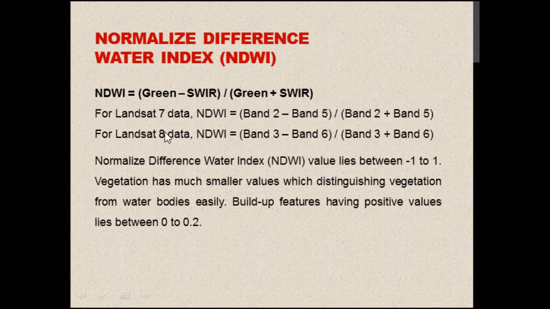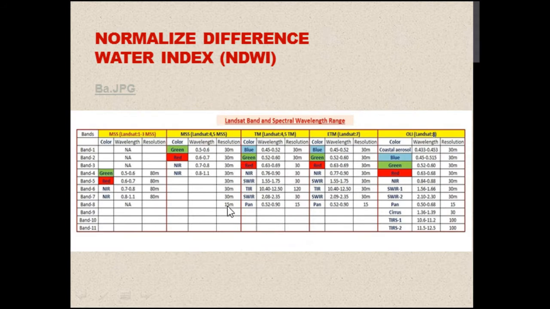For Landsat 7 you can use these bands. As I said before, you need to find which band is green for Landsat 7, which band is green for Landsat 8, and which band is the shortwave infrared region. You need to refer to this picture.